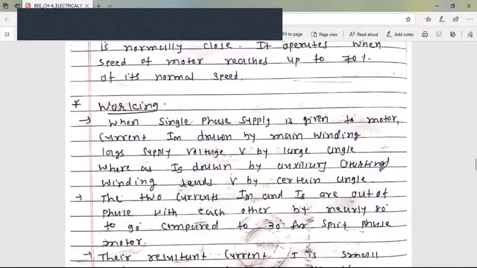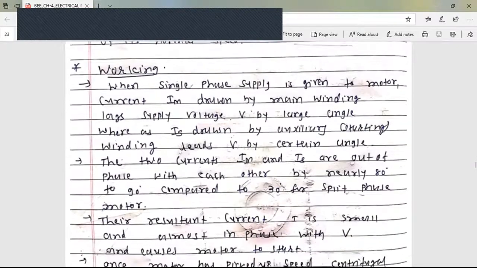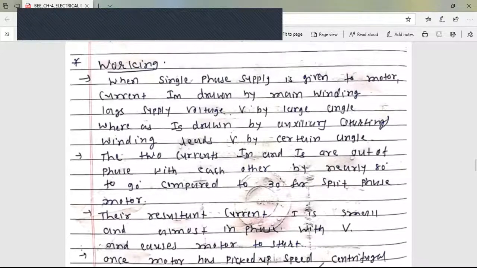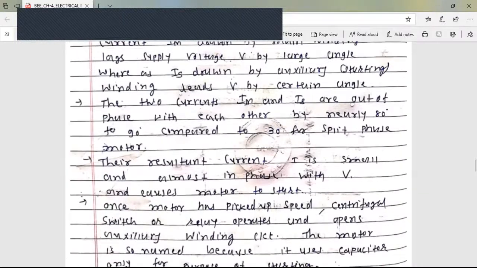These two currents IM and IS are out of phase with each other by nearly 90 degrees. In case of the split phase induction motor, this angle is about 30. So the resultant current I is small and almost in phase with supply voltage V and causes the motor to start. Now the motor starts to rotate.